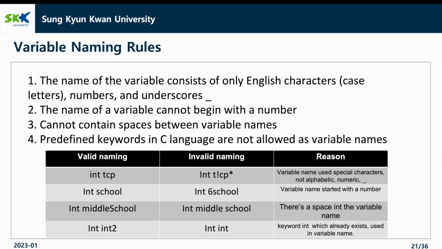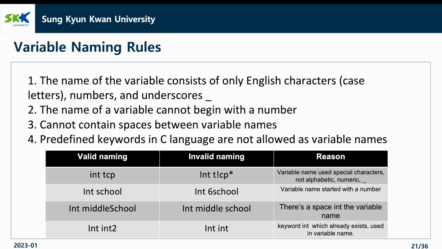First, the variable's name consists of only alphabetic characters, numbers, and underscores. Second, the name of a variable cannot begin with a number. Third, you cannot include spaces in the names of variables. Finally, you cannot use a predefined keyword in C language as the name of the variable.